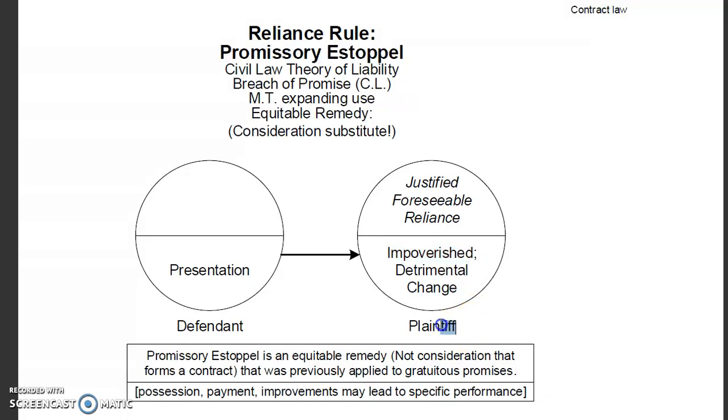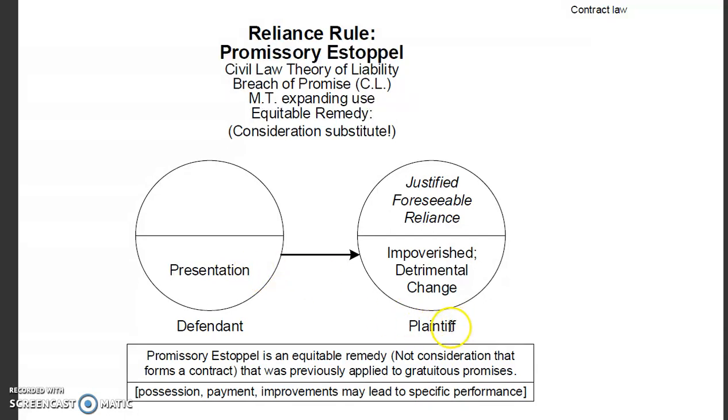And before the painting, the plaintiff, the builder, needs to have met this element: justified foreseeable reliance on the presentation made to him by the defendant. So in this case, the defendant, homeowner, made a verbal presentation of a waiver of the use of the high quality paint.